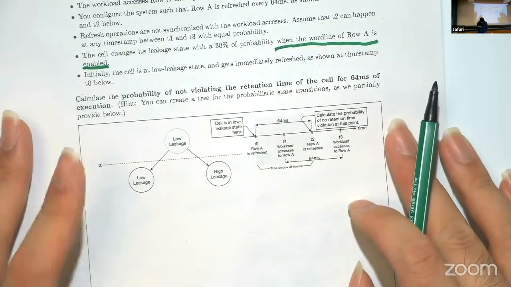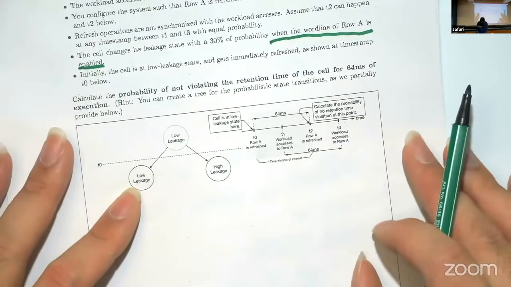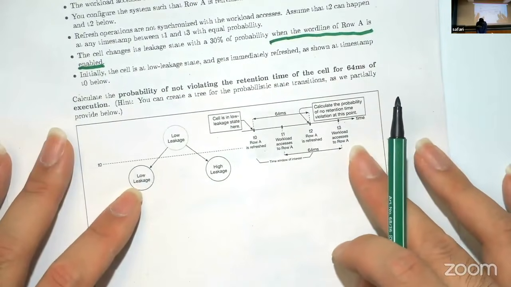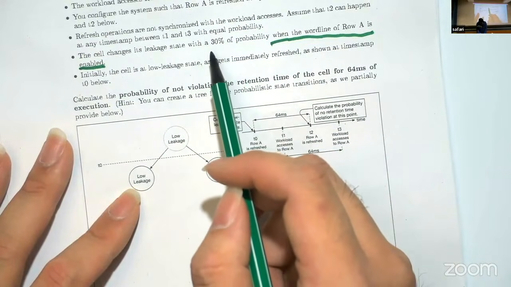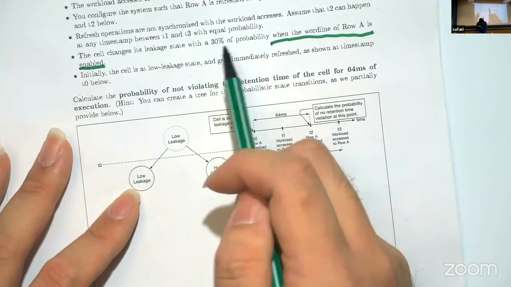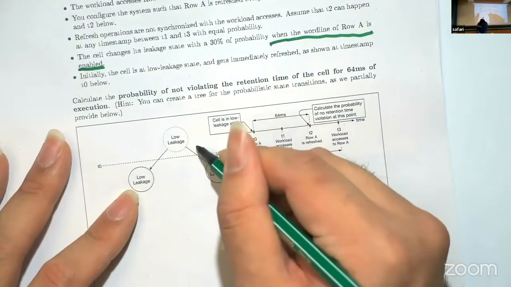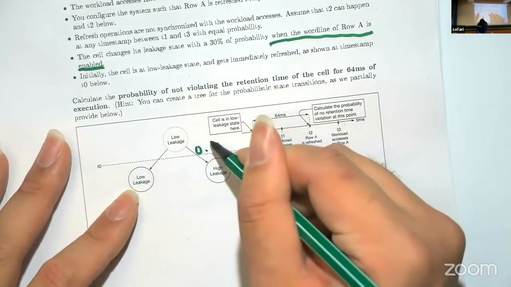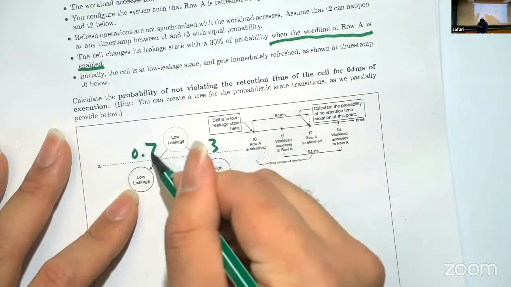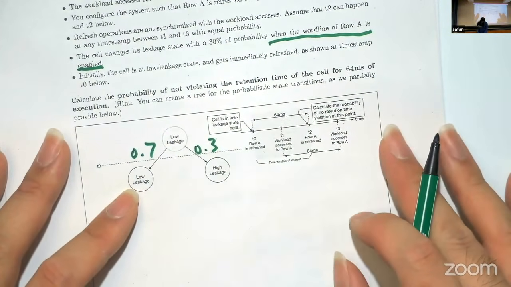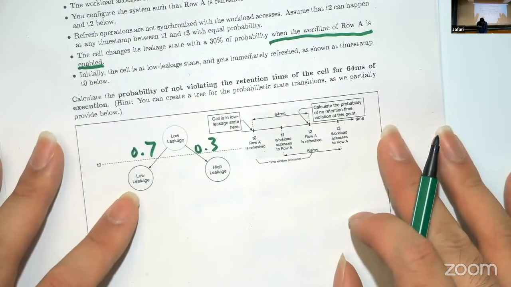So at T0, we immediately have two possible outcomes. Since the state will change with 30% probability, it has a 0.3 chance of going to the high leakage state, and a 0.7 chance of staying in the low leakage state.